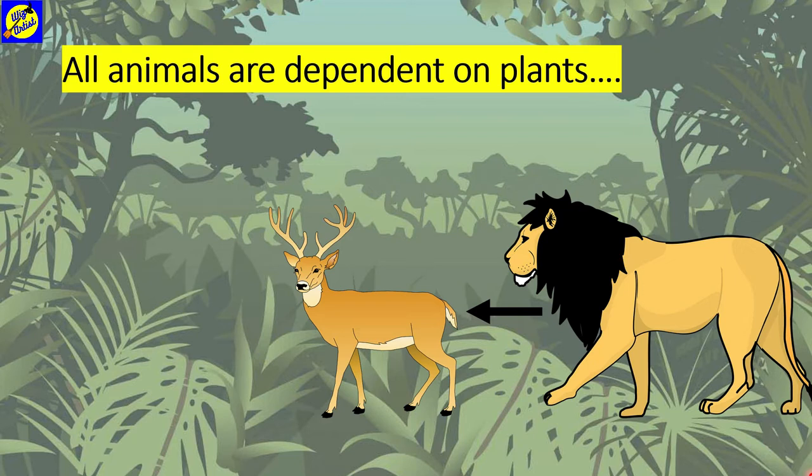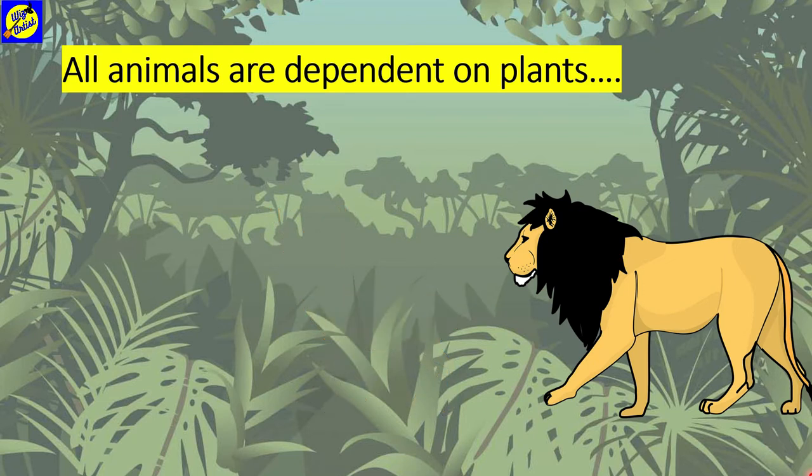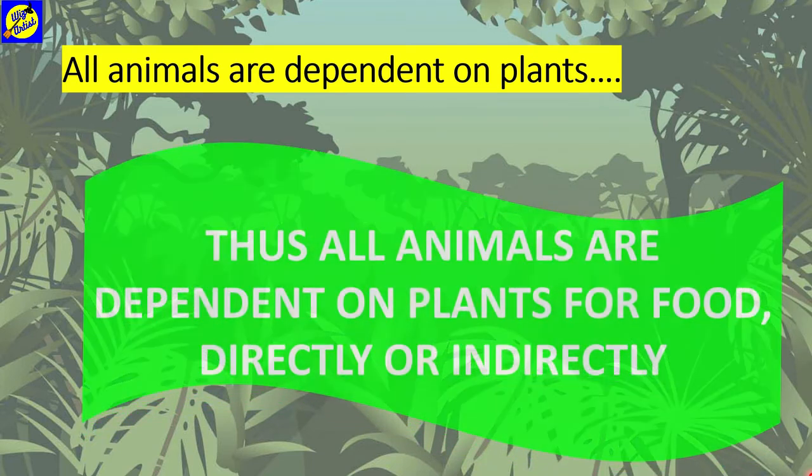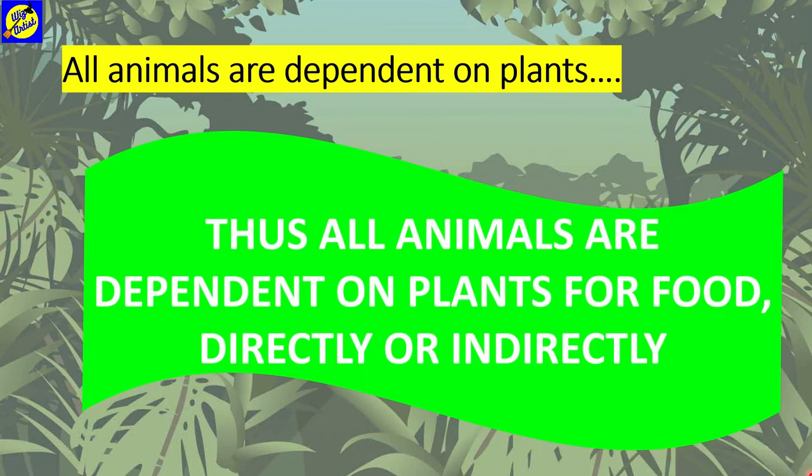And if the deer are not able to adapt to eating other plants, then they will go extinct as well. And the lion, which is dependent on deer for food, will soon go extinct too. Thus we can say all animals, including carnivores, herbivores, and also humans, are dependent on plants for food, either directly, like deer, or indirectly, like the lion.